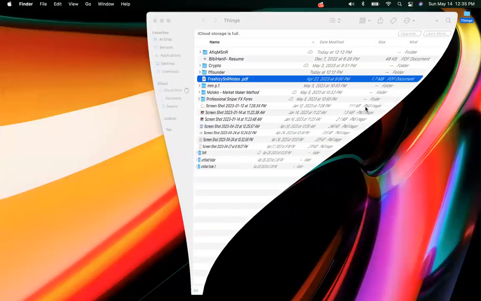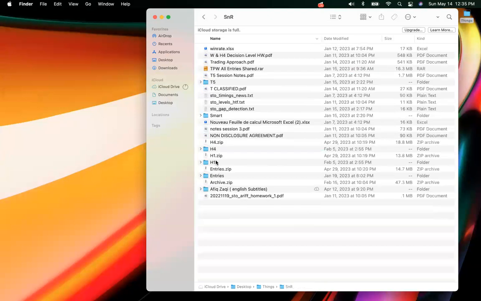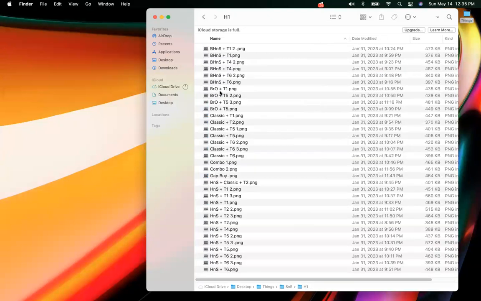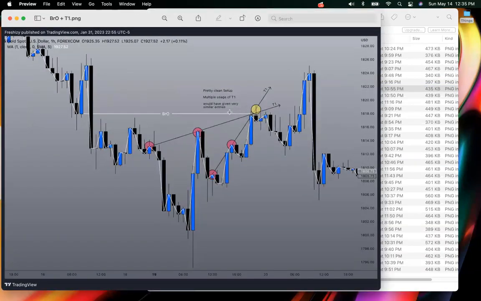Let me show you that. So you have this breakout level SNR. You have a miss here. All this is miss. Price comes back to this SNR and then it slides down.